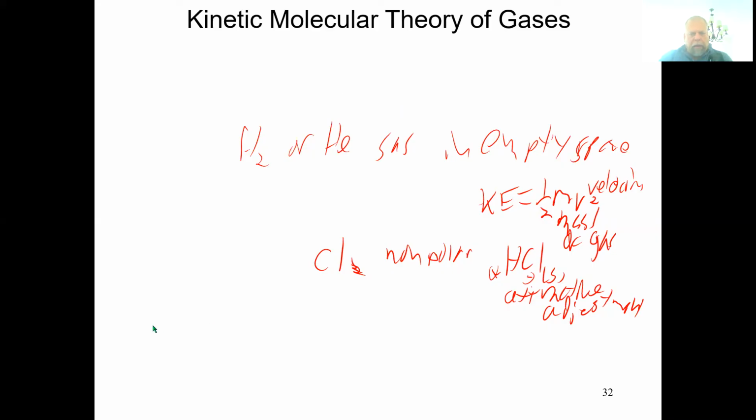Okay, here we got the kinetic molecular theory of gases here. Essentially, what I'm going to do now is erase what's on the board.